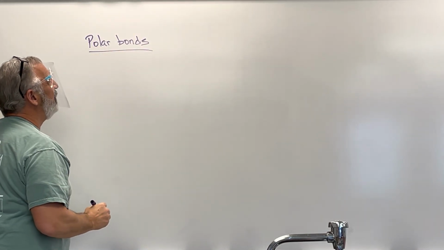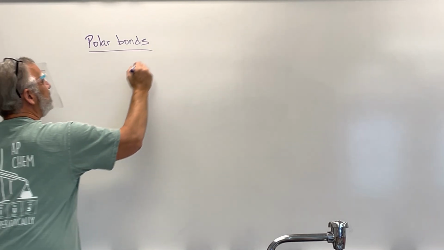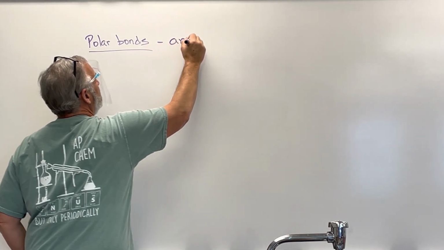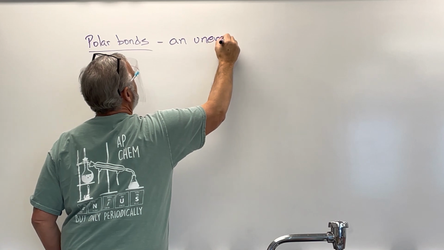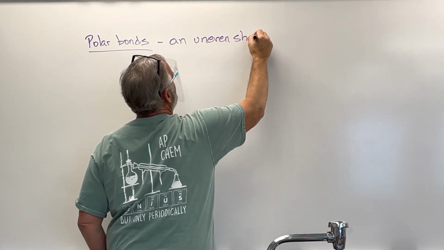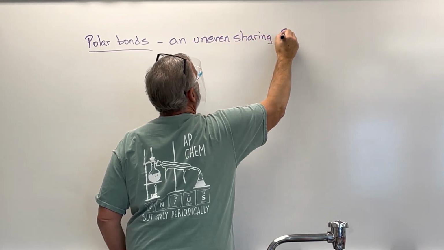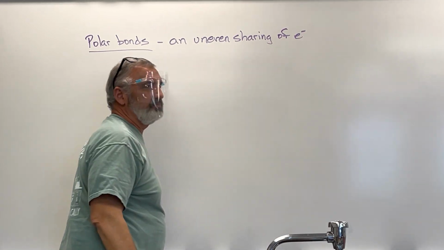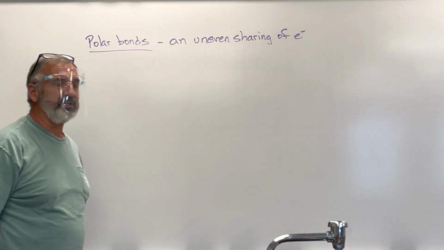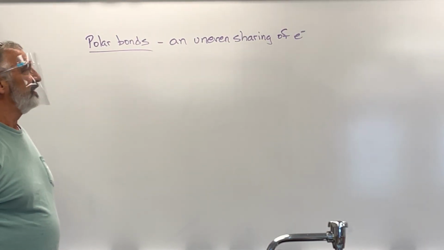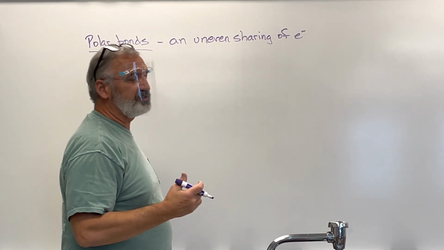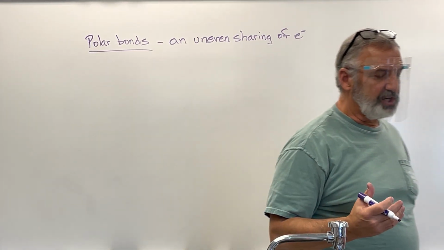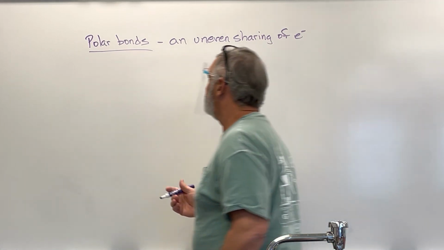Okay, so a polar bond is an uneven sharing of electrons. We use the difference in electronegativities to determine the type of bond.